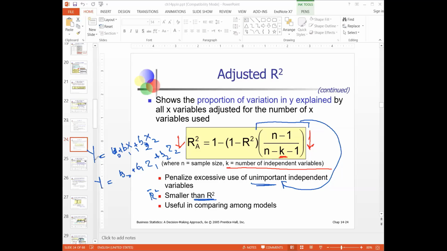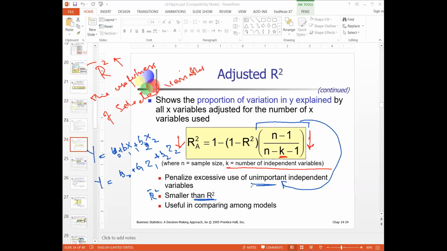We'll see which model has the bigger adjusted R square. It will tell us, considering the usefulness of the variables and the number of variables, which model is explaining better. So when adjusted R square is high, it tells us the usefulness of the selected variables.